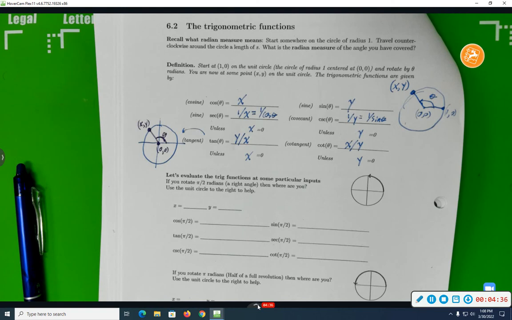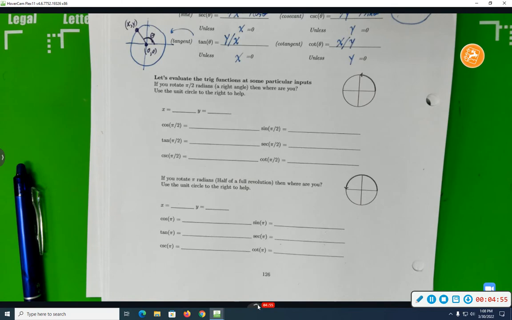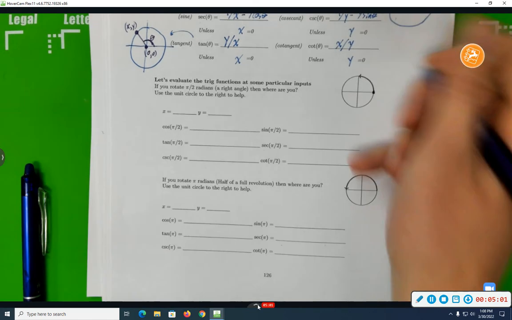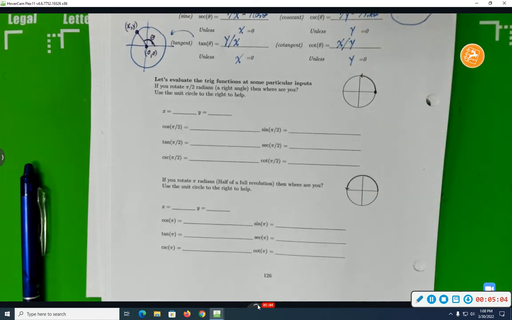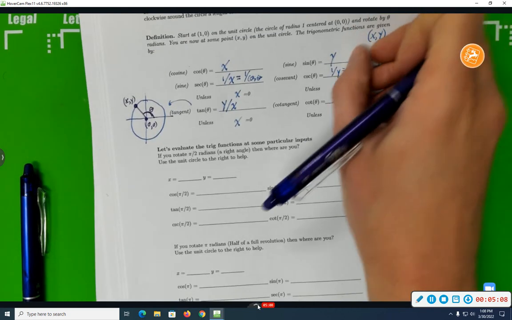Those are the functions we will be studying for basically the remainder of the class. We'll be extracting information out of them, evaluating them at specific inputs, and using them to solve various geometric problems. But for now, let's start by evaluating. If you start at (1, 0) and rotate counterclockwise by some angle, the coordinates of that point give the trig functions.